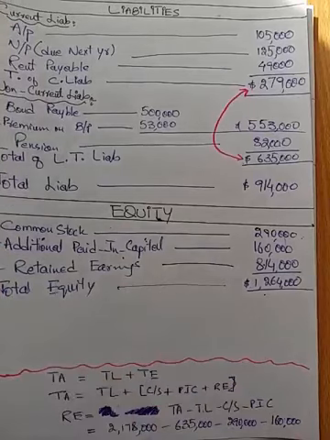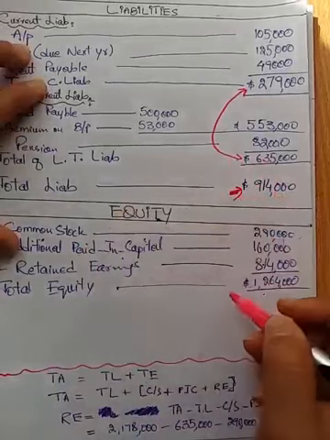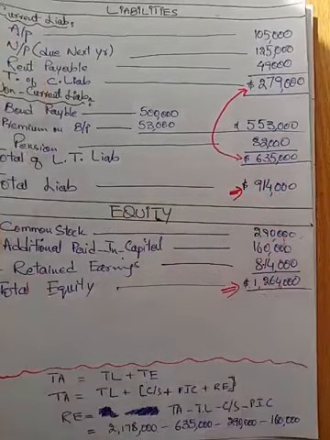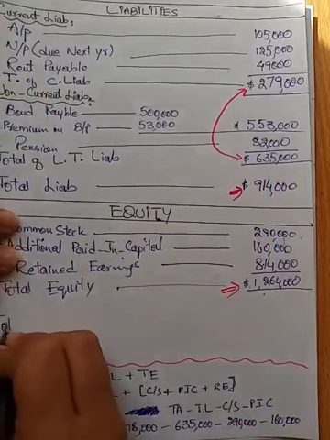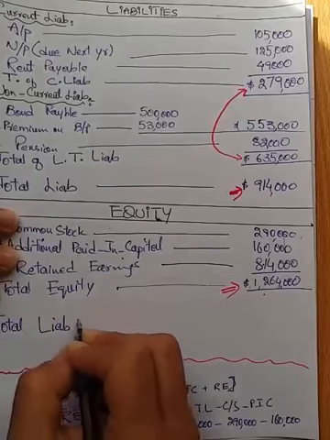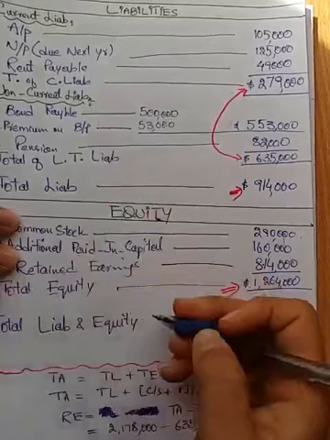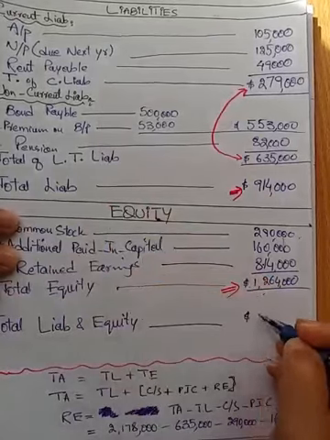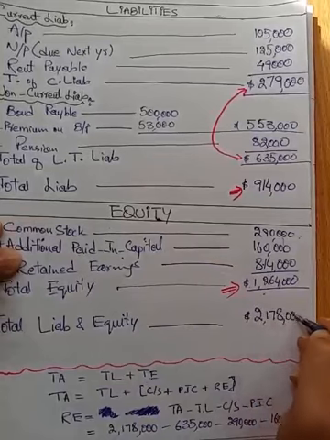And then in the end we will add the total of the liability and the total of the equity in order to calculate the total of the liability and equity. When you add it, you will get a value of $2,178,000.